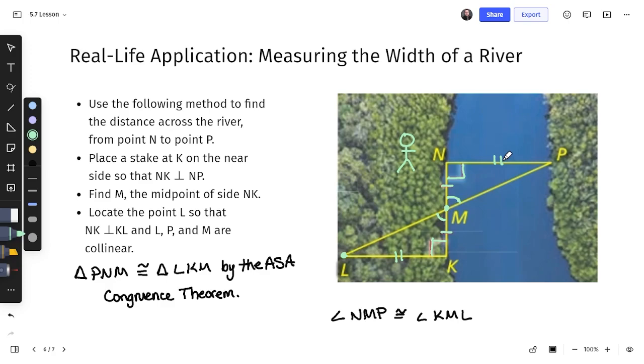You can use a tape measure, pretty much any standard method of measurement to find the distance between point L and point K on your side of the river. That's going to correspond to the distance across the river from point N to point P, allowing you to find the distance across the river without ever actually crossing the river. Very cool indeed.